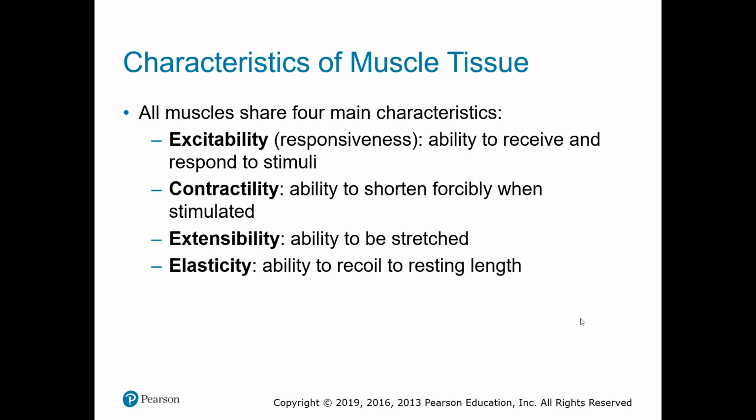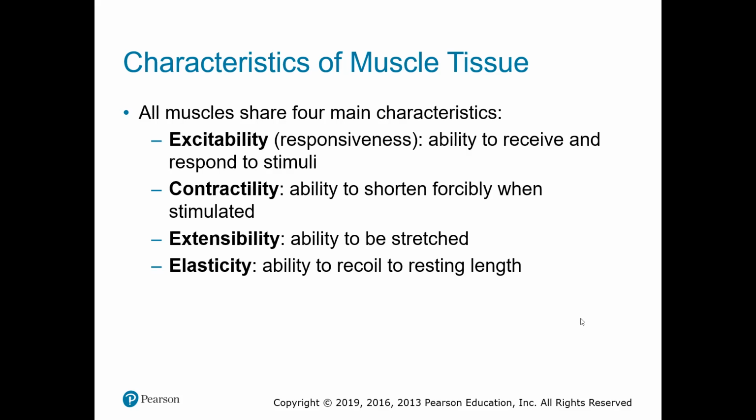That's all a muscle can do. All the cells can do is contract and then relax. Muscle cells can contract. They can be stretched. When we exercise, we make our muscles work harder.